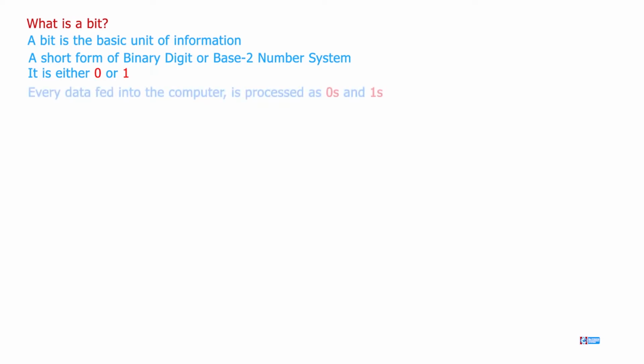This is because every data fed into the computer is processed and interpreted by the computer as zeros and ones. Now, in digital electronics, signals exist as electrical charges in 2 states, that is either 0 or 1. 0 denotes the off state or the absence of an electrical signal, while 1 denotes the on state or the presence of an electrical signal.